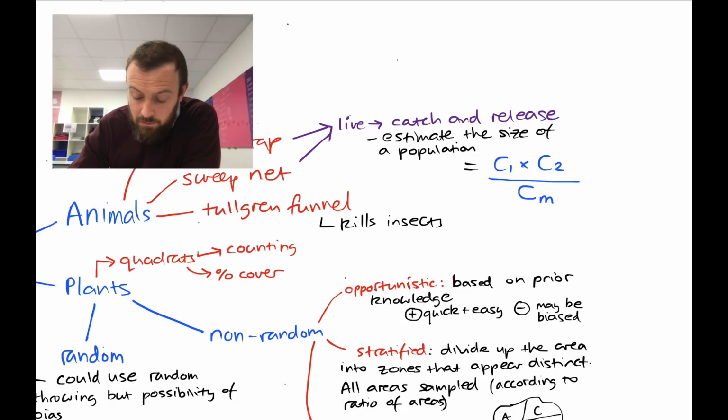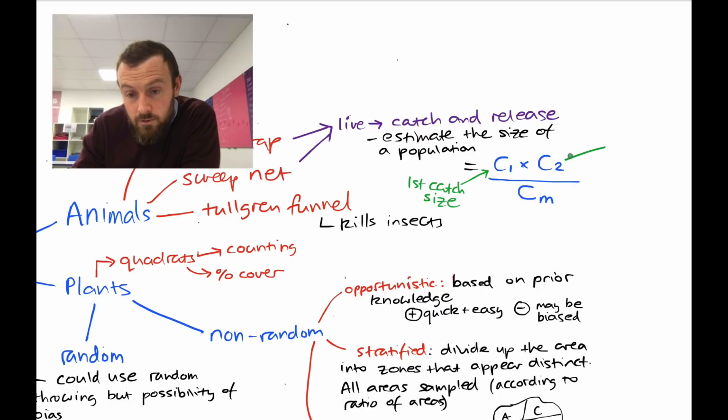Sometimes it's written as C3, but I'm going to call it CM. So what do these things mean? Well, the top one, C1, is the first catch size. So maybe the first time round, you caught and marked, I don't know, 50 ants, let's say. 50 ants you painted with a little dye.